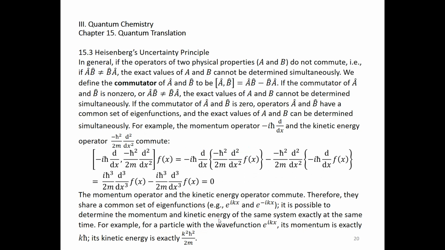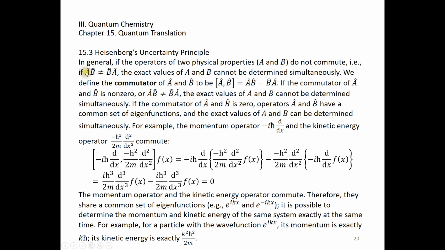In general, if the operators of two physical properties, let's say A and B, do not commute, then the exact values of A and B cannot be determined simultaneously. So first, what does this mean, do not commute? Well, it simply means if we apply the AB operator to a function and then apply the BA operator to the same function, we get two different results.